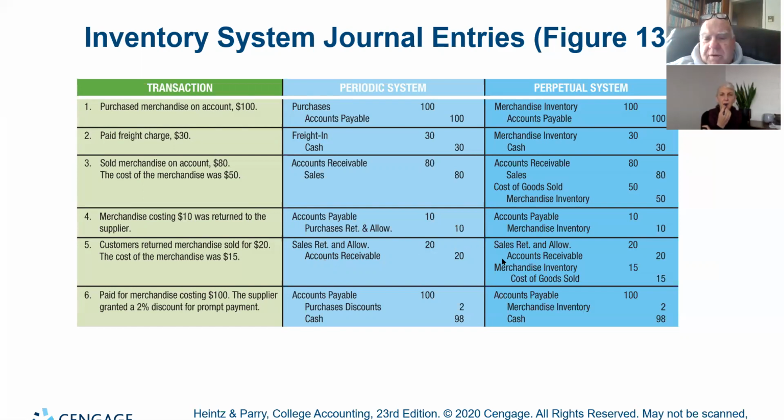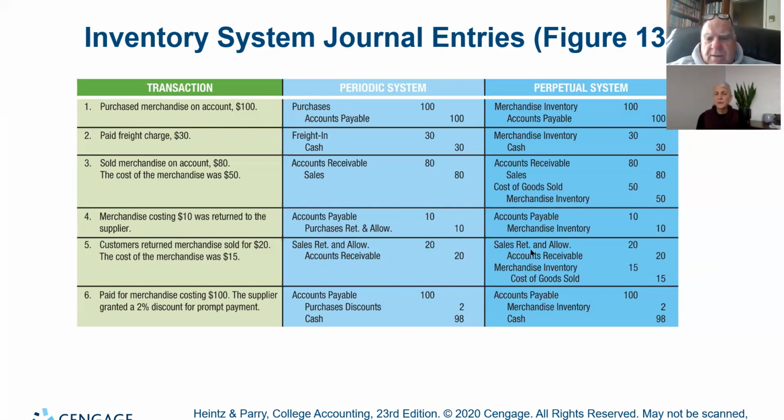That's the same part. But again, you must consider the cost. So we put our merchandise back into the inventory. It's still good. We can sell it to somebody else. And we reduce our cost of goods sold. Make some sense, Lori, what we're talking about here?